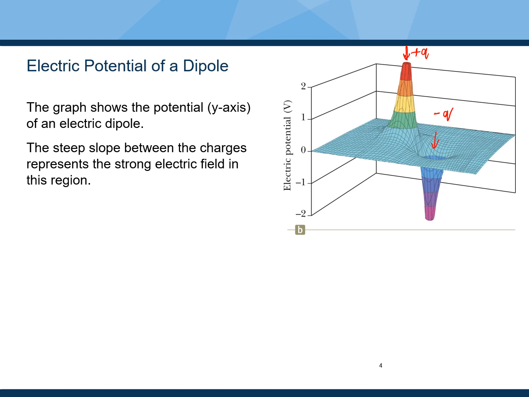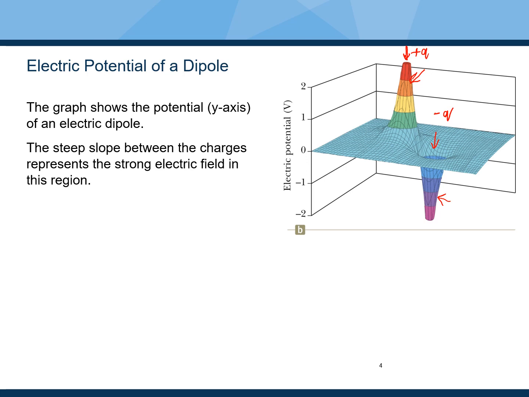So that's why we have this mountain peak happening out here very close to the charge plus Q. If we focus very close to the charge minus Q, we see that we have a very deep valley developing at the location of the negative charge, which is the valley that I just marked out for you.